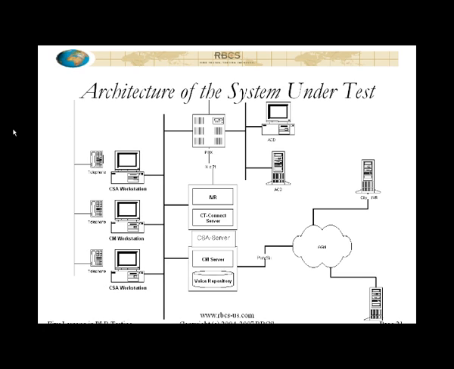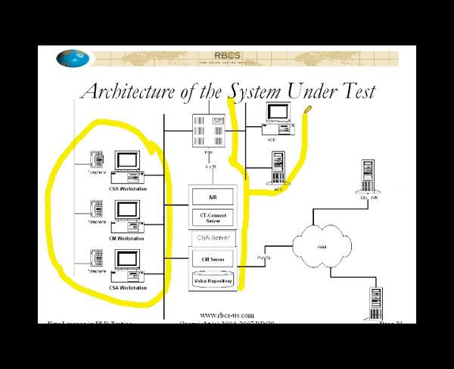So here's the architecture of the system under test. You see over on this side we have basically the call center. So we've got a customer service agent and a content management agent and another customer service agent. And then we have the back end of the call center. It does call routing and so forth.